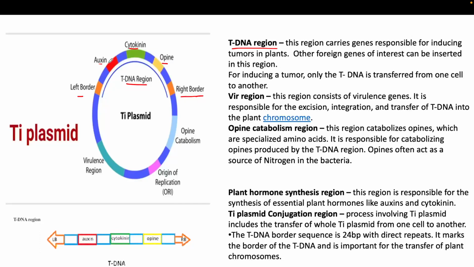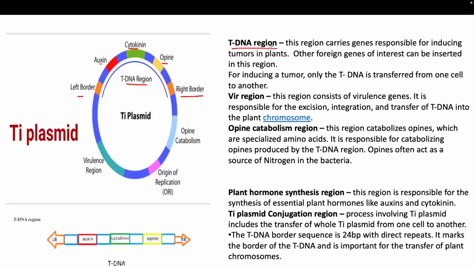As you know, auxin and cytokinin are responsible for the development of shoot and root generation, so overproduction of these will cause crown gall disease in the plant. The opine is helpful for the metabolism and multiplication of Agrobacterium tumefaciens; it gives the energy.